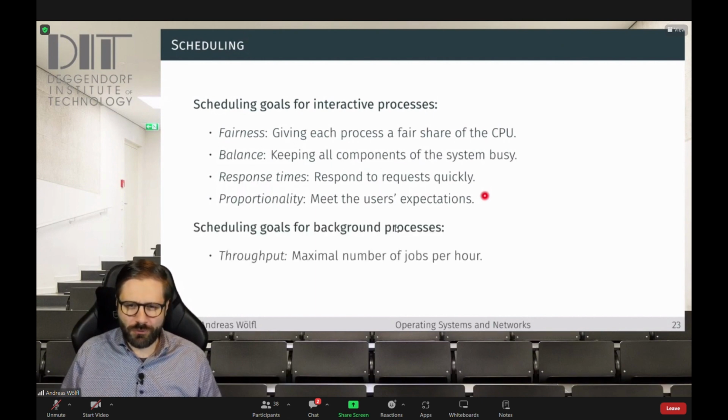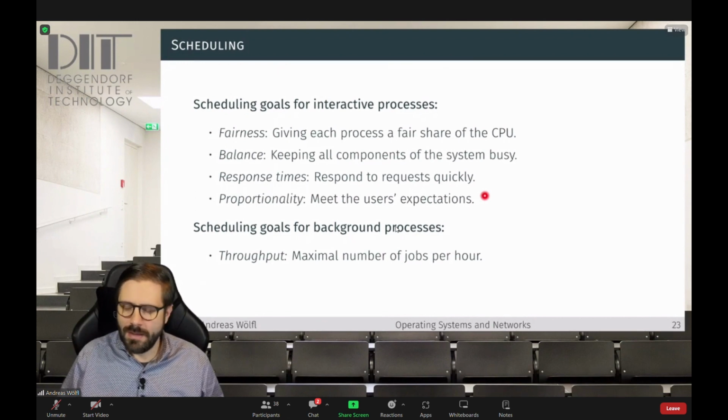But for background processes, we have different goals because we don't care about response times or expectations the user has for background processes. So background processes like a backup job, or if we are talking artificial intelligence, like the model training of a complex AI model, can be realized using a background job, meaning that it has no interaction with a user.